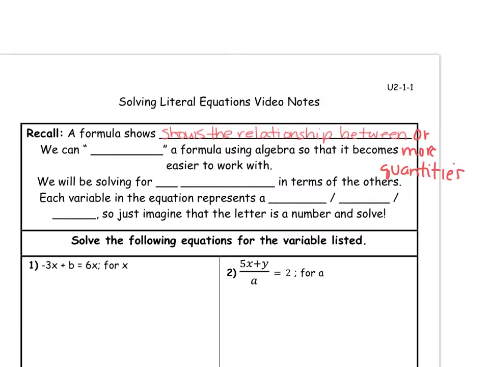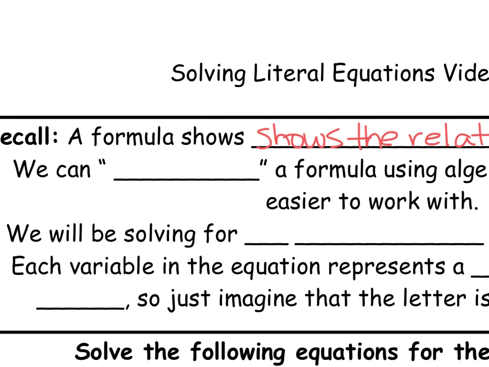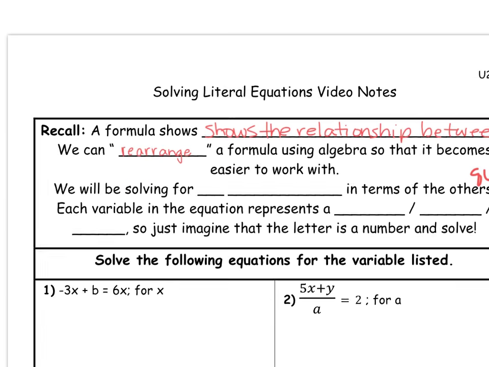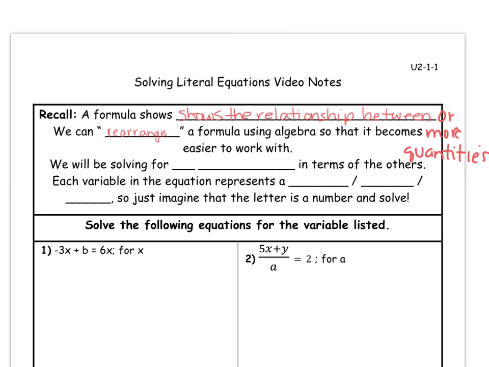So we can rearrange formulas to have them in algebra so that it becomes easier to work with. And that's really what we're going to do today, is rearrange formulas. So we'll be solving for one variable in terms of the others.